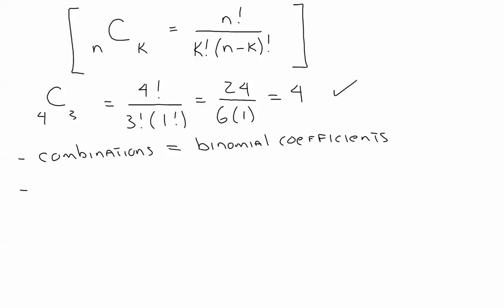Another thing, my notation is the combination of n things taken k at a time. That's the way I learned it. It's the way I typically use it. There's another notation that looks like this. Some textbooks will use that notation on the right-hand side of the equal sign, n things taken k at a time in large parentheses.